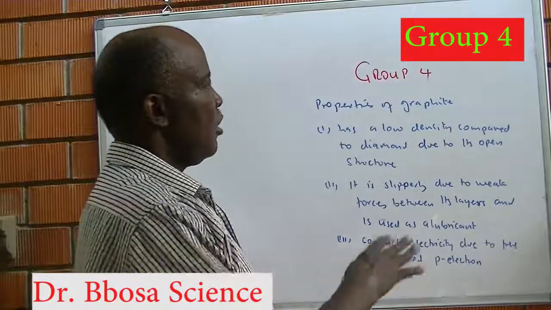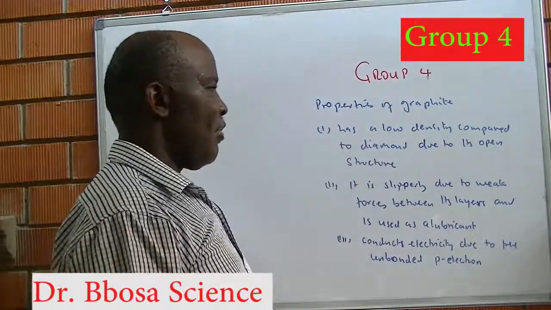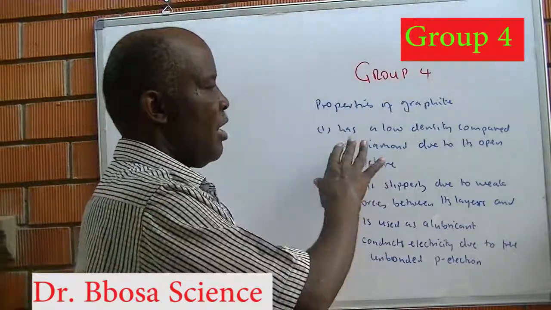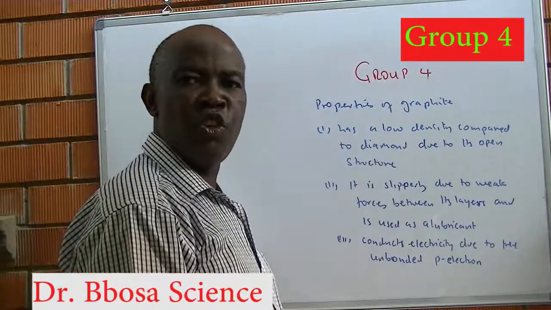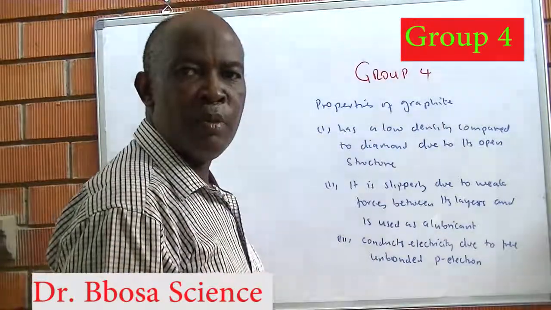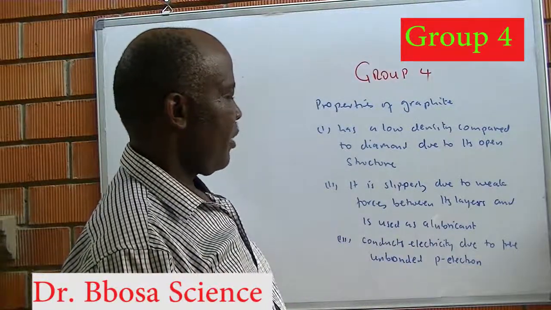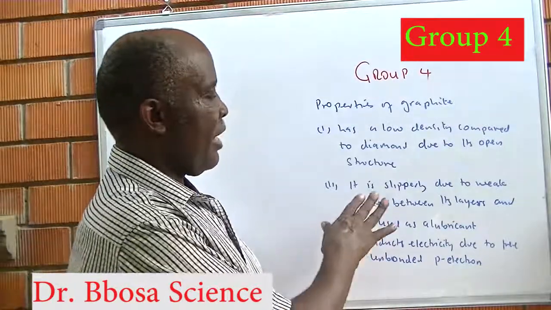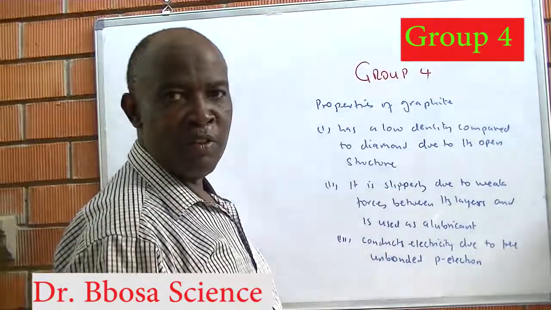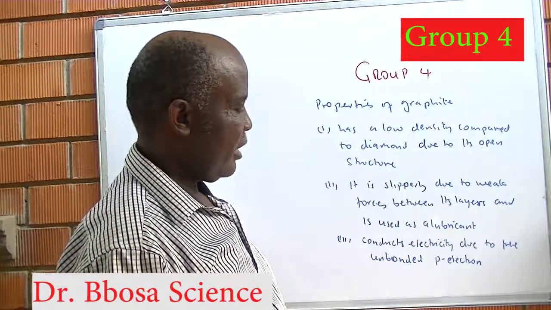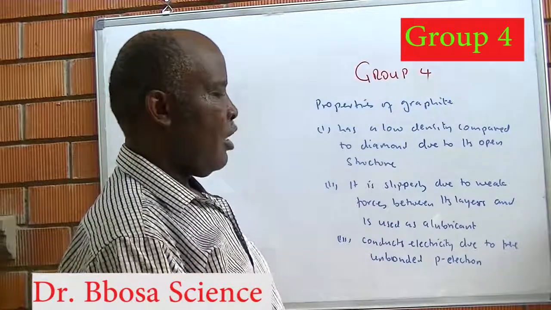Properties of graphite. 1. Graphite has a low density compared to diamond because its structure is open. 2. It is slippery due to weak forces between its layers. And 3.